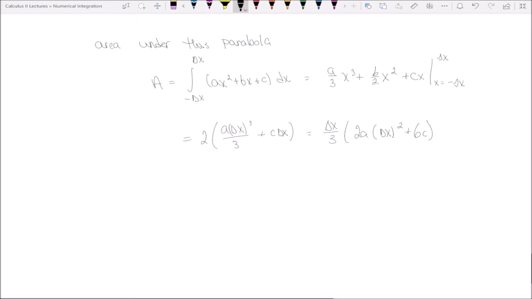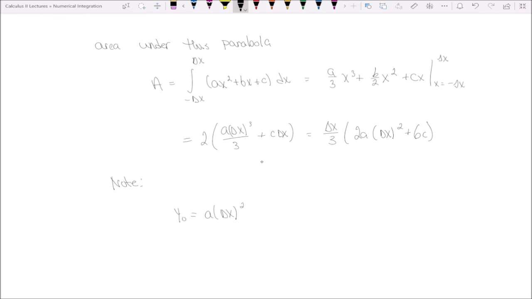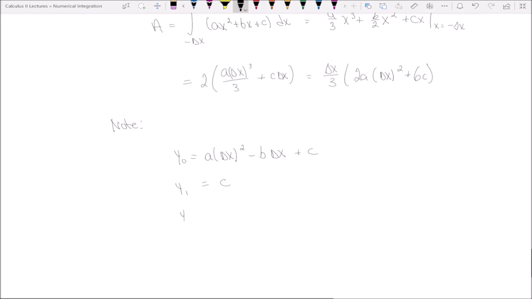However, note, we also have to have this. y0 has to be a times delta x squared minus b times delta x plus c. y1 has to be just c, and y2 has to be a times delta x squared plus b times delta x plus c.